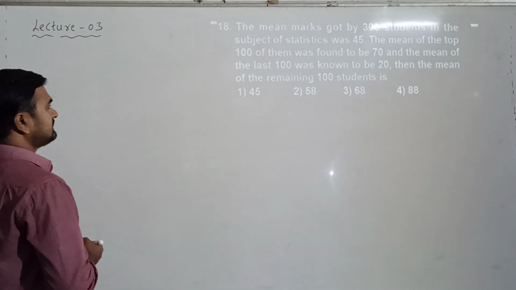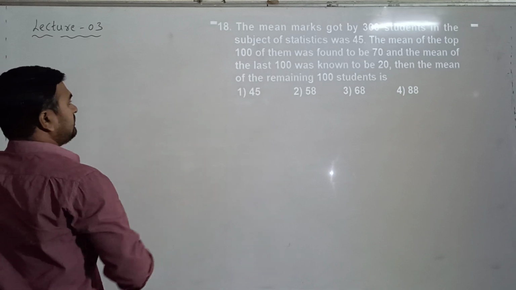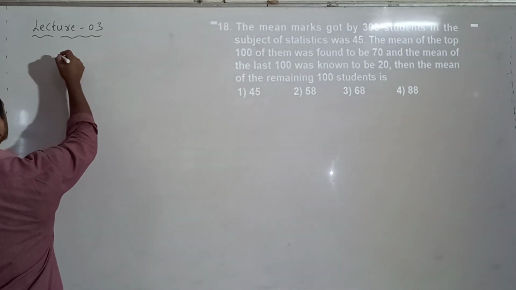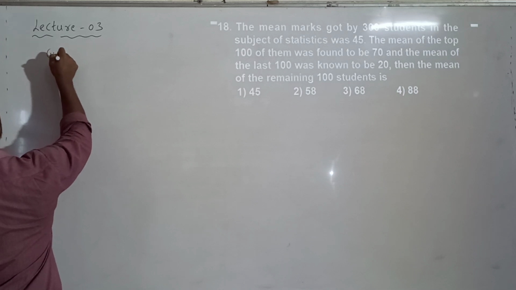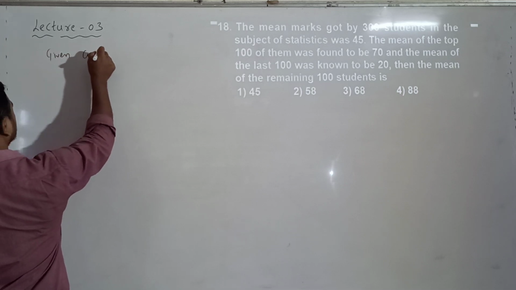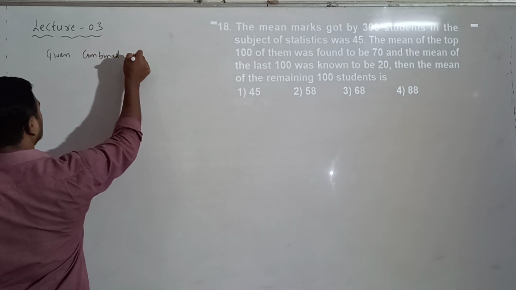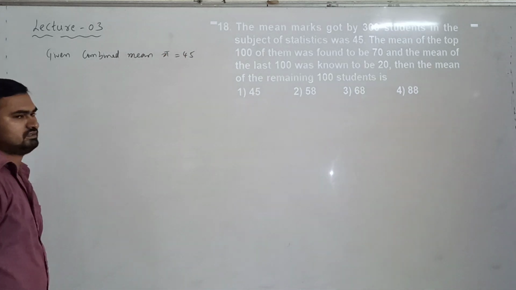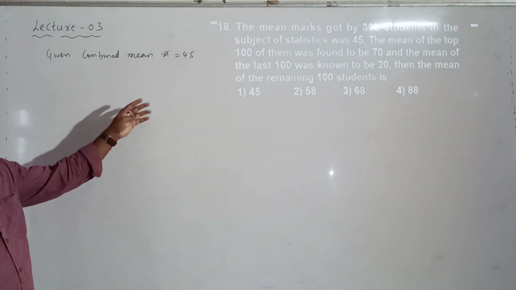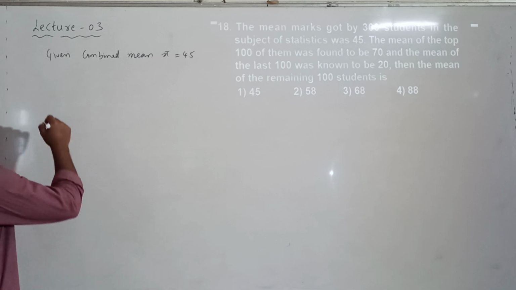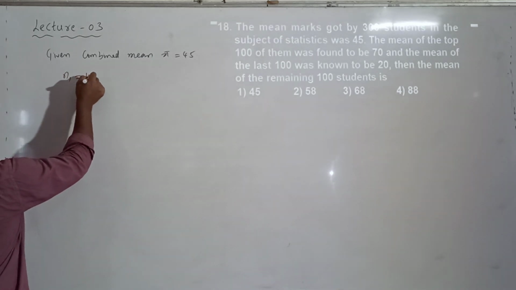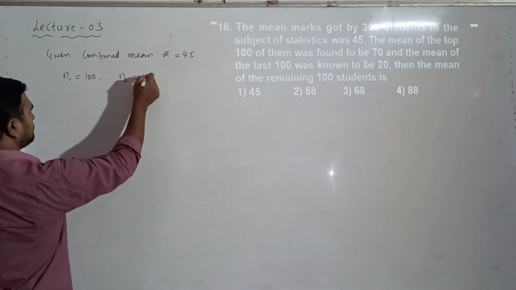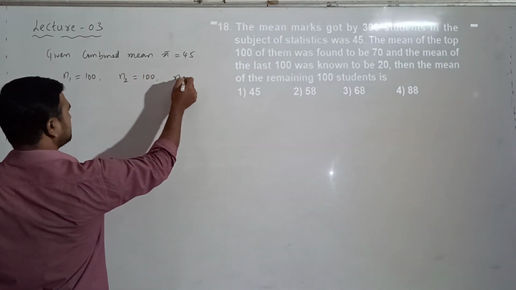So we are taking the three parts. Just take the total mean of 300 students, given combined mean x bar is 45. Now we are dividing these 300 students into three parts. N1 is 100 students, that is the top 100 students. N2 is the middle 100 students.